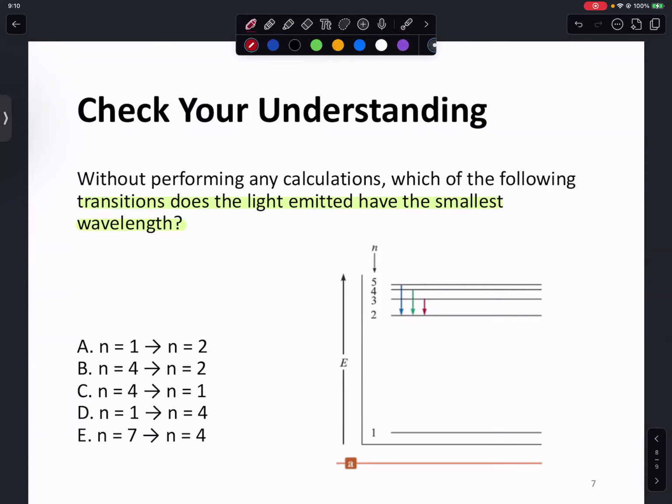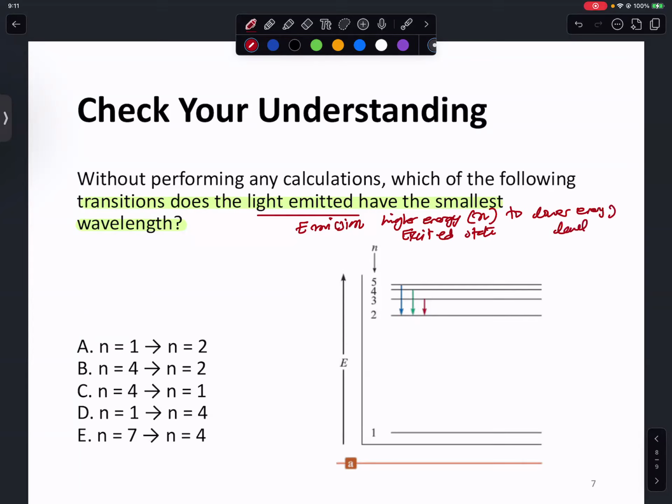So two things to note. Emission right here means that it's going from a higher energy or higher n, an excited state, to a lower energy level.